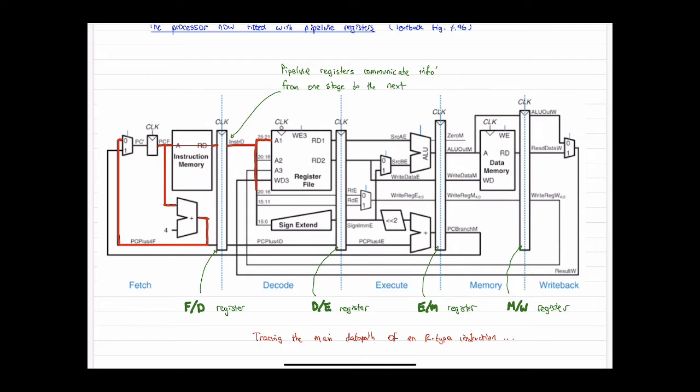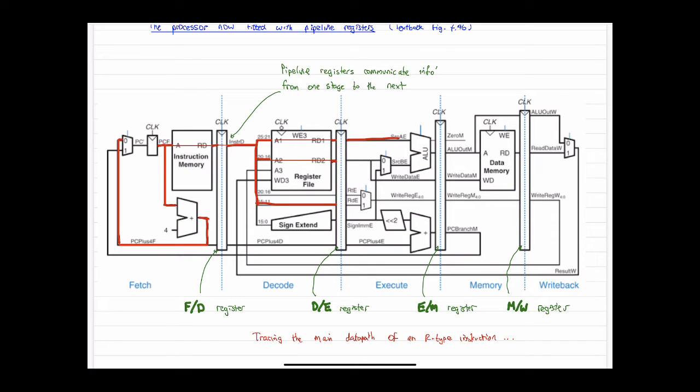On the other side of the pipeline register, we have the instruction word, and from it we need 3 important pieces of information. Basically the 3 registers involved, so 2 source registers and 1 destination register. And the register file reads the contents of the 2 source registers and places those contents into the next pipeline register.